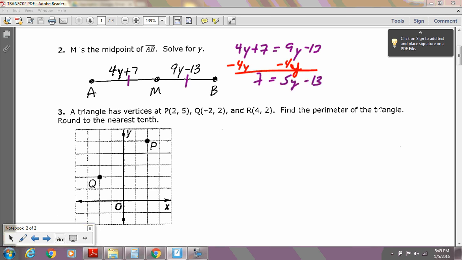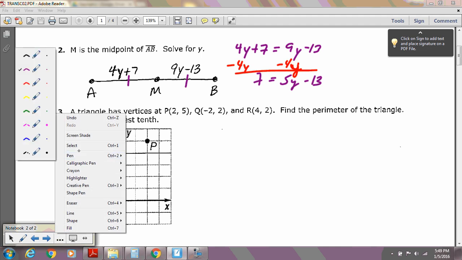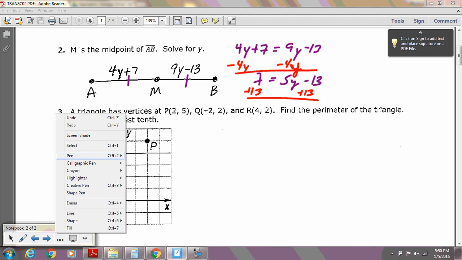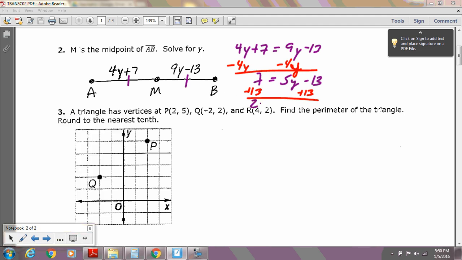Then I would add 13 to each side, which would leave me with 20 is equal to 5y. And divide both sides by 5. So 4 equals y.